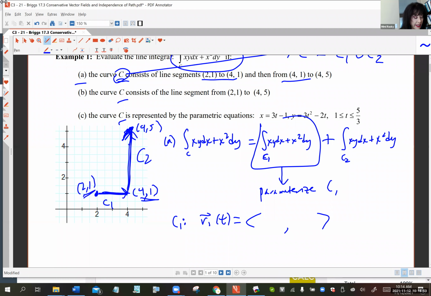So that's kind of easy because it looks like the y coordinate stays the same the whole time. So the y coordinate is 1 the whole way, and it looks like the x coordinate is changing. So we'll let it be t. And in order to match the curve, since it starts at the point (2, 1) and finishes at the point (4, 1), how about if we have our time start at 2 seconds and finish at 4 seconds? That'll work.